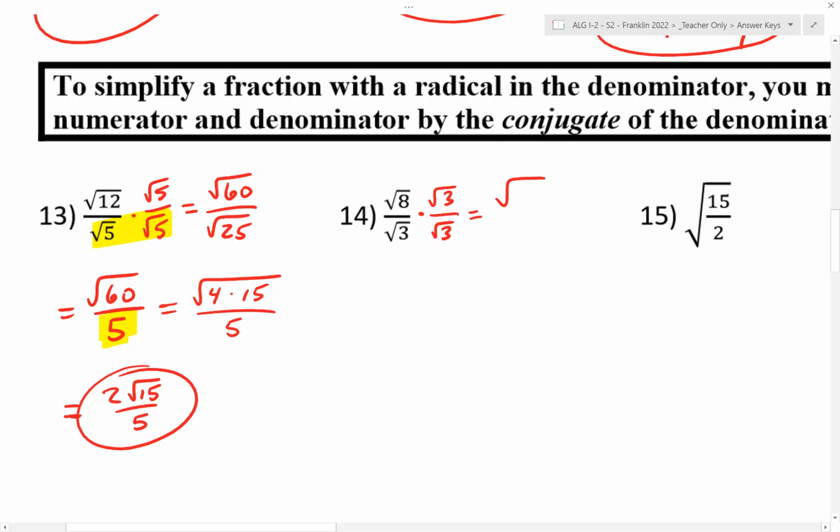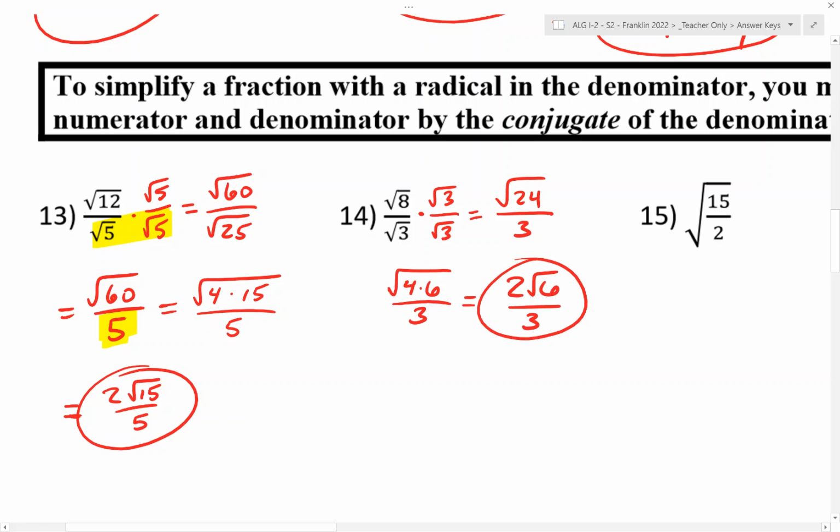So here we get square root of 24 over 3, because again, those square roots cancel out because we multiply by that conjugate. And 24 can be written as 4 times 6, again using 4 for that perfect square. So this is 2 square root of 6 all over 3, and that's the answer there.